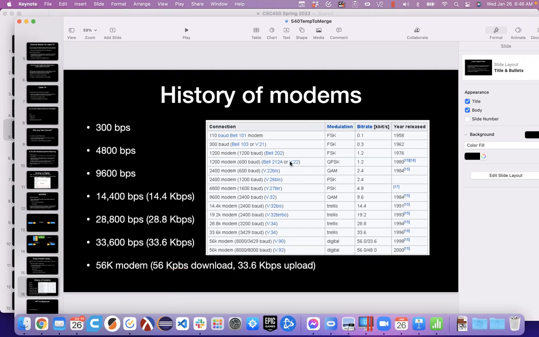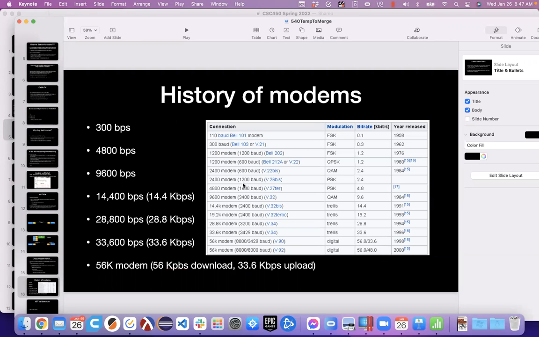Okay. So anyways, this is an interesting thing because it gives you dates on the side. I definitely used a 2400 modem. I definitely used a 4800. I definitely used a 9600. I used all these. So basically from 2400 on, I don't recall ever using a 1200 baud. This was called a 600 baud modem.